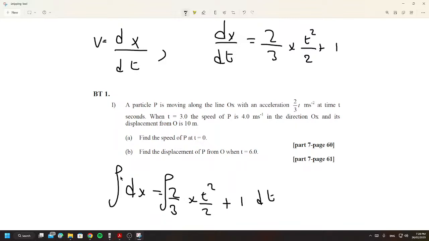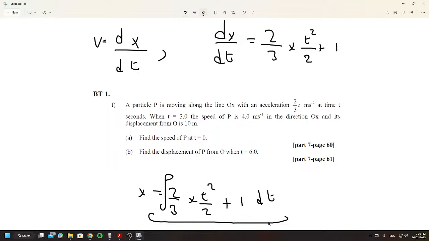The integral of dx is just going to be x, and the integral of this is, I don't know if it's 2 over 3 times t cubed over 6 plus 1, or 2 over 3t plus t cubed over 6 plus t plus c.